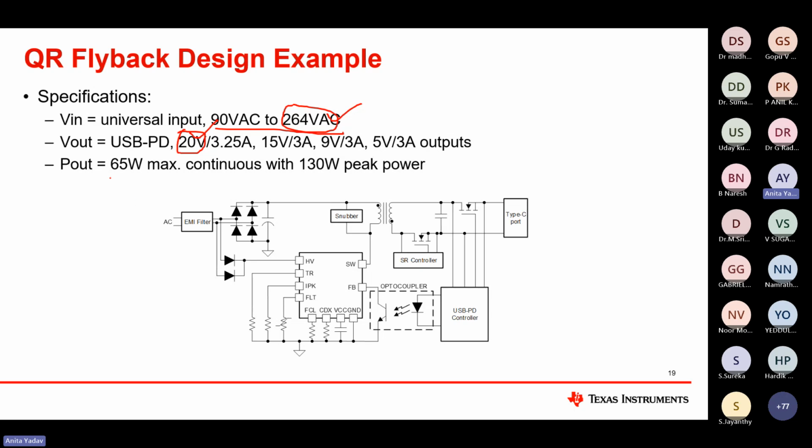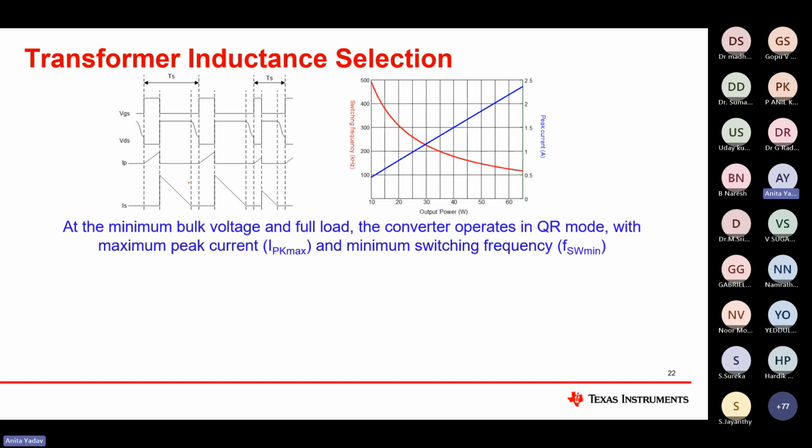And the maximum power it can support is 65 watt. So when we are at the minimum bulk voltage, I'm talking about this voltage, this point, and full load, at this point I want to support 65 watt power.